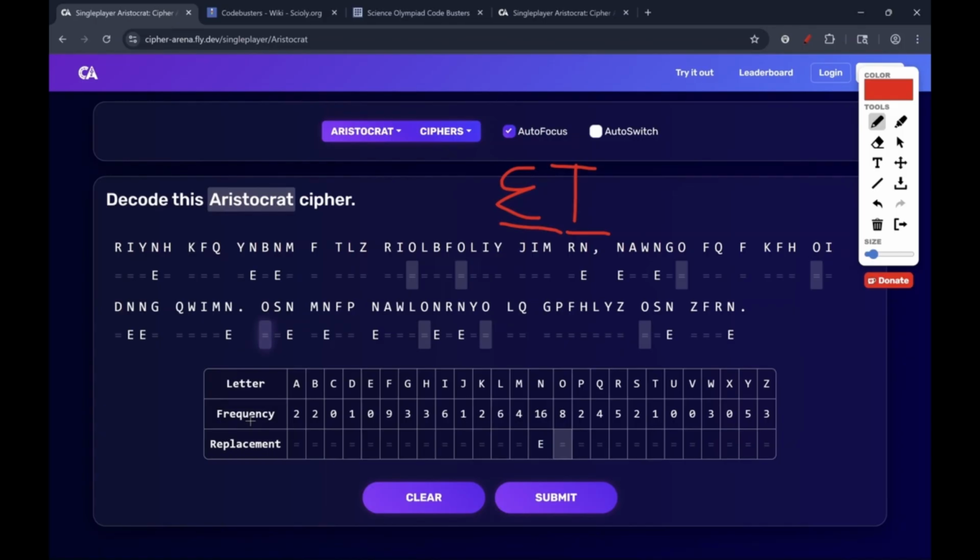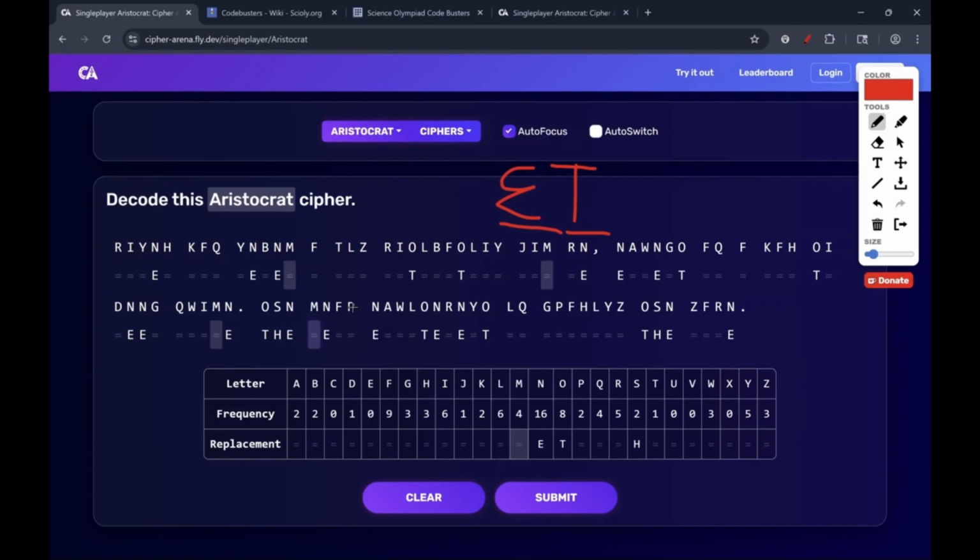One of the most common first words in a sentence is the word the. And that's also something else I want to mention. You should also keep track of common words in the English language and the frequencies of the letters in them. Words like you, he, is, the, and, as I mentioned before, certain contractions that, as I showed in the Scioly wiki, you can view as well.